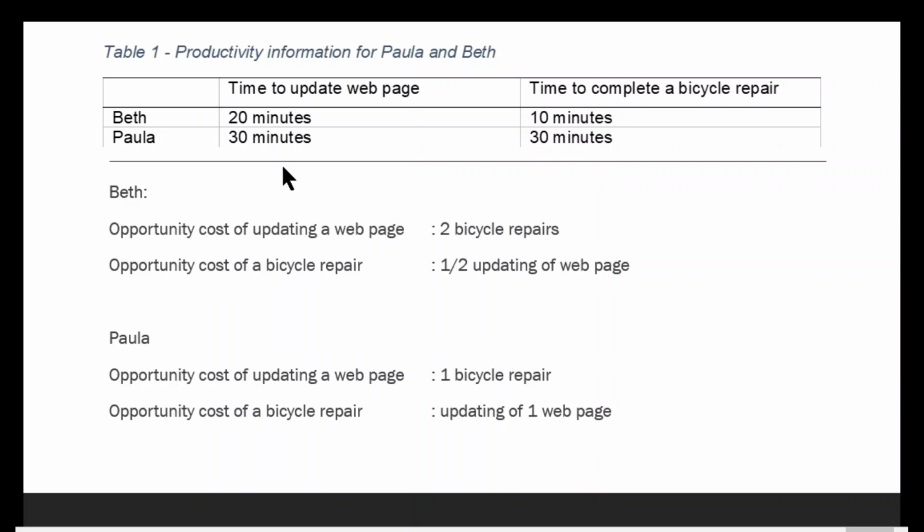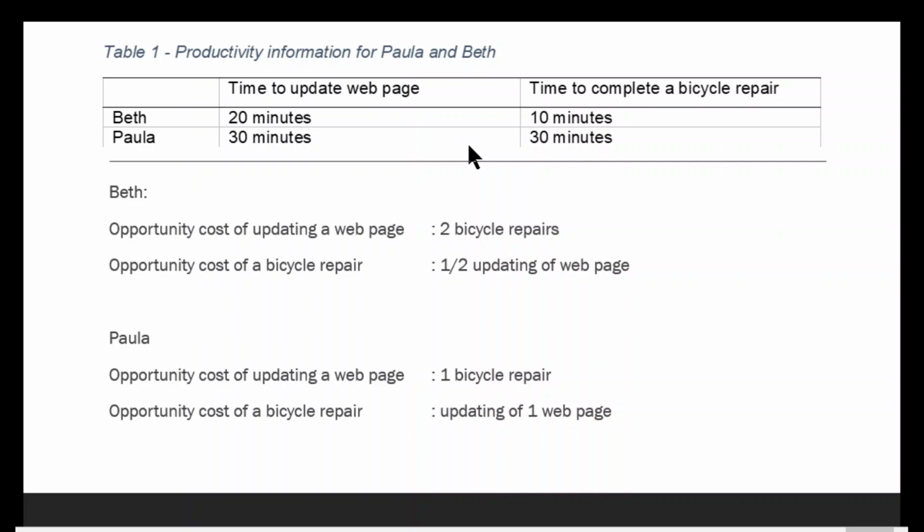And how about bicycle repair? What will she lose if she chooses bicycle repair? If she repairs 1 bike, she would also lose 1 updating of a web page. So practically, she loses 1 over the other at either job.